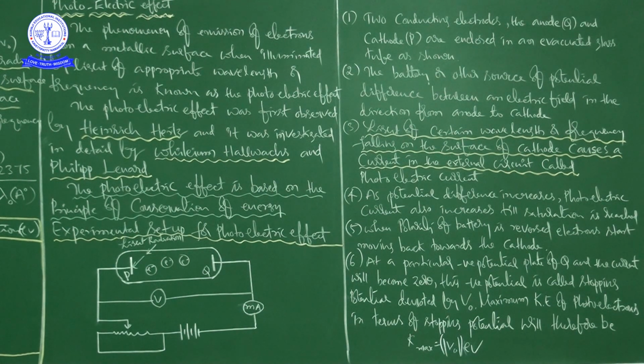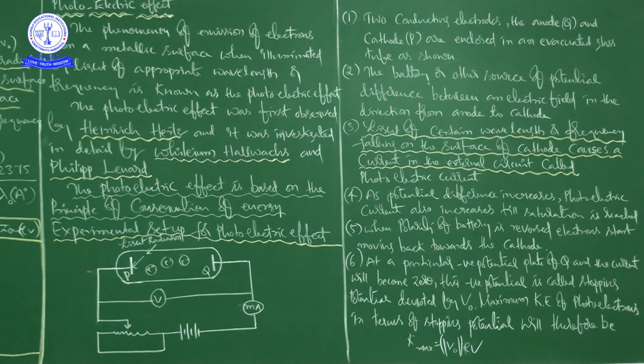Now you can see an experimental setup to observe the photoelectric effect. This is called a cathode ray tube, with P and Q. P is the cathode and Q is the anode, the cathode plate and the anode plate.